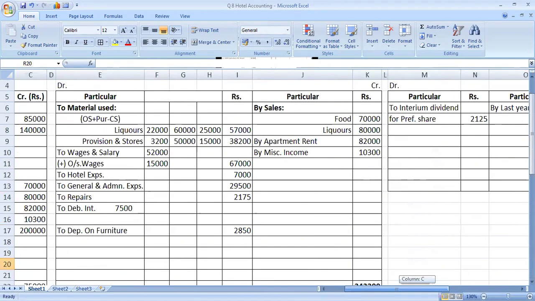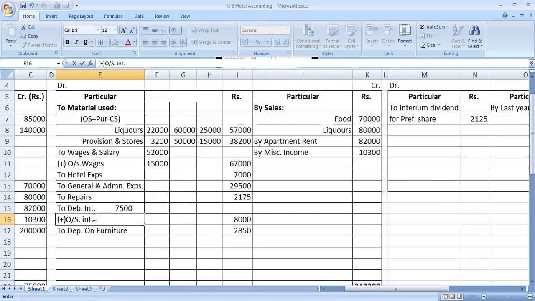Hence, profit and loss account outer column should be 8,000. 7,500 already paid, hence remaining balance 500 should be added as outstanding interest.